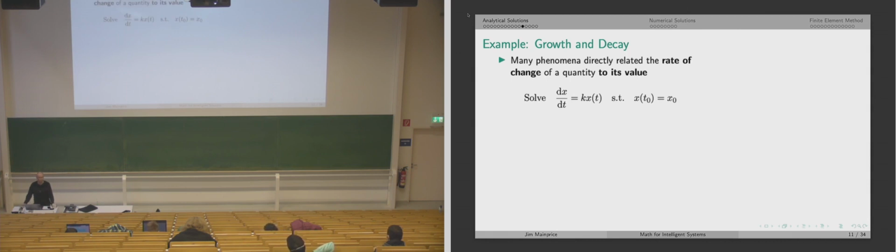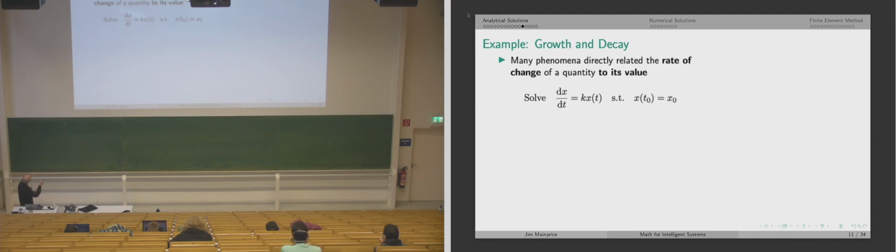So it's the typical case where you have an ODE of the first order, and then you simply have a constant coefficient that multiplies the dependent variable, okay? And then we have an initial value problem, meaning that we want to set that the population is at a certain initial condition.